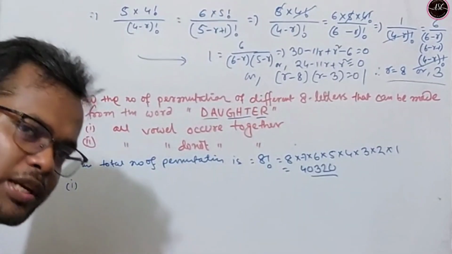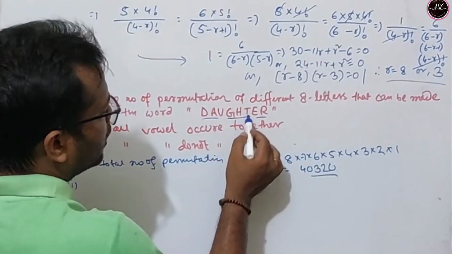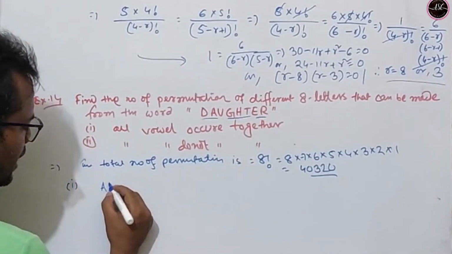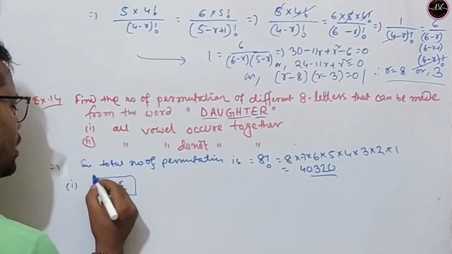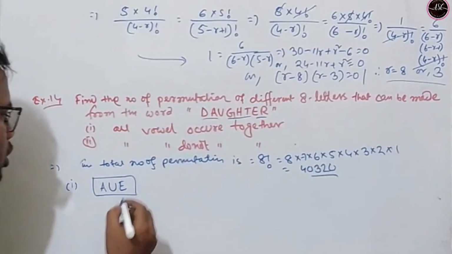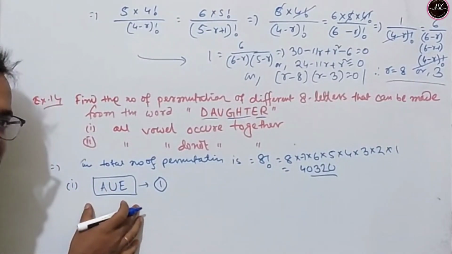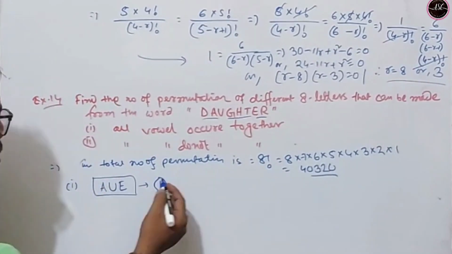Now, for question 1, all vowels occur together. If this type of question arises, just look at what the vowels are. A, U, E. When these occur together, we consider them as one letter. This 3 will be 1.